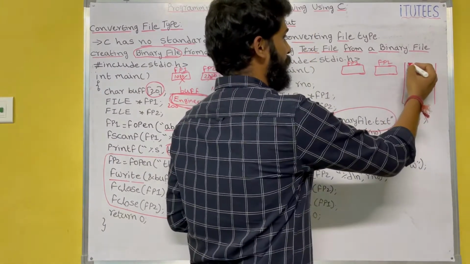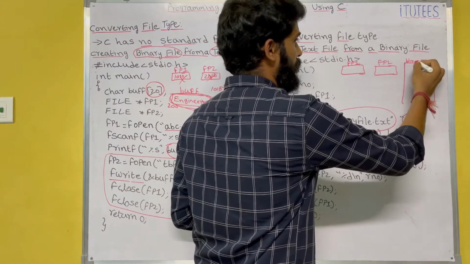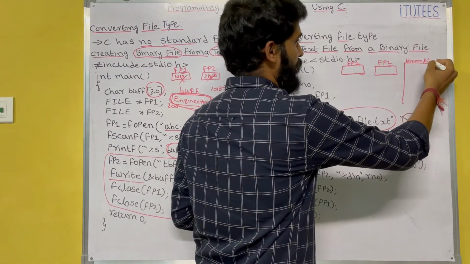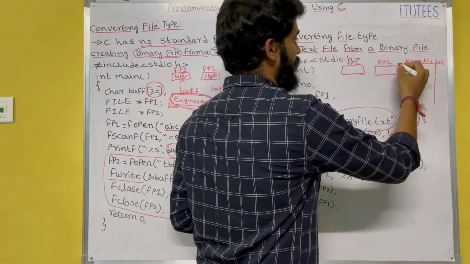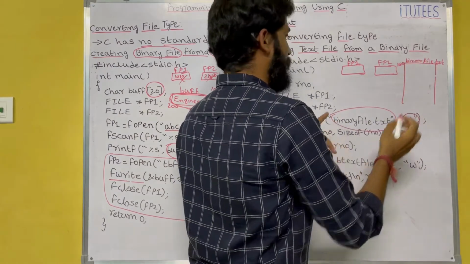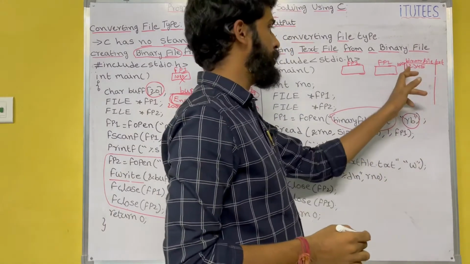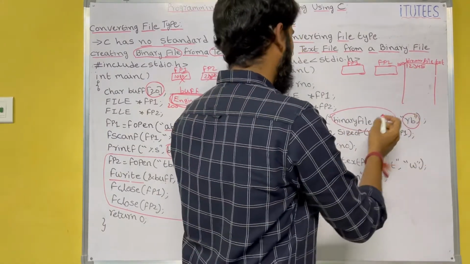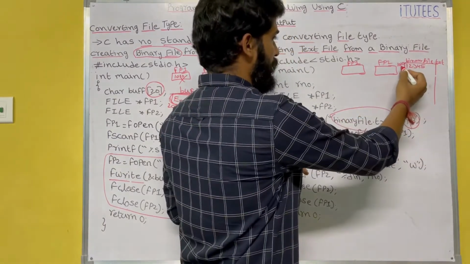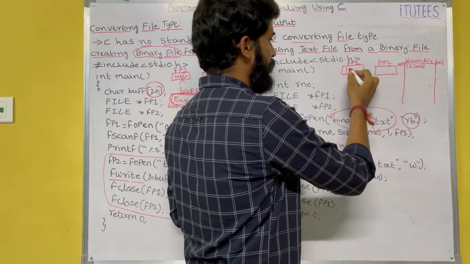So this is the binaryfile.txt, the starting address is 1010, and let us assume the content is 12345. This is in binary form, and this 1010 is assigned to fp1.